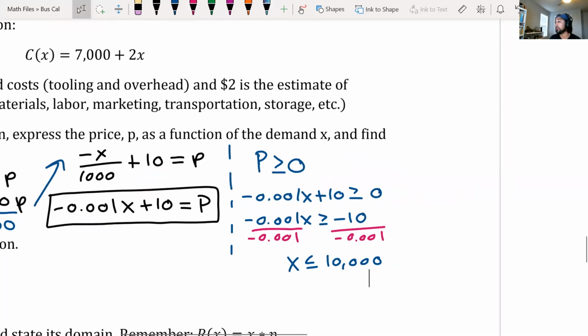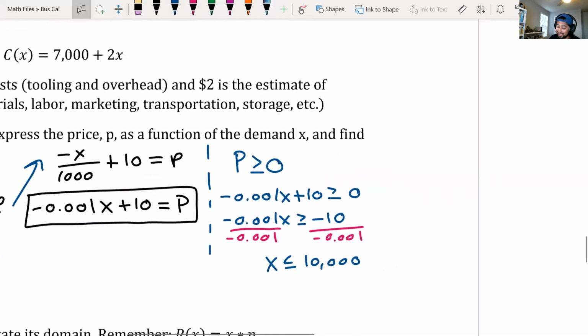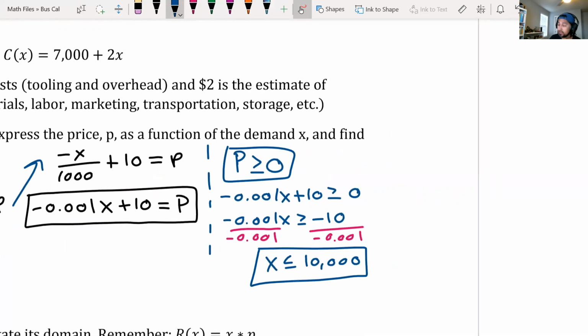Okay. So now, to piece this domain together, we need to piece this first piece and this second piece together. So in order to be a profitable company, the number of headphones we must sell must be above what number?